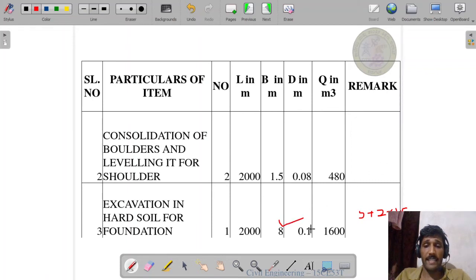Thickness given is 10 centimeter, that means 0.1 meter. Multiplying all this, we get 1600 meter cube. Only these three items are asked in this problem, so I am concentrating only on these three items.